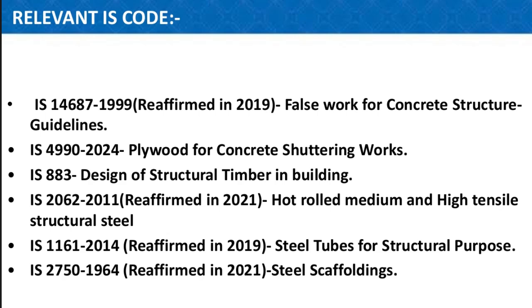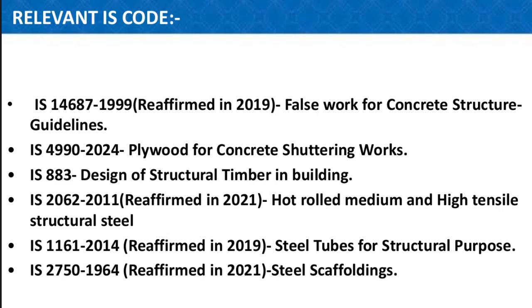IS 1161, steel tubes for structural purpose. IS 2750, steel scaffolding. So these are the relevant codes you need to follow whenever you are dealing with any type of concrete, especially in the table formwork.